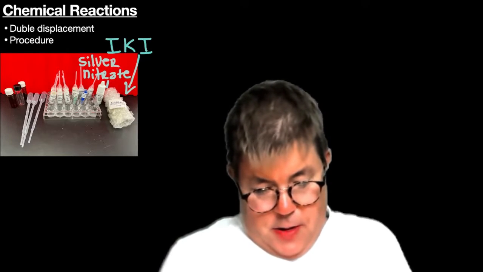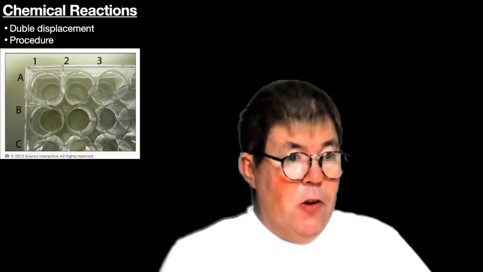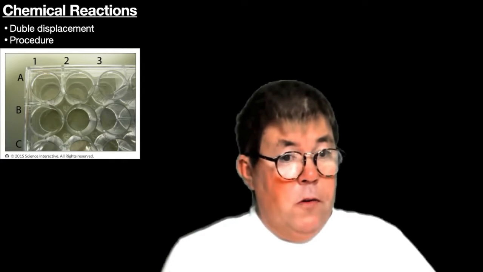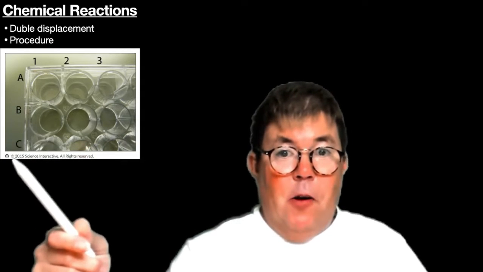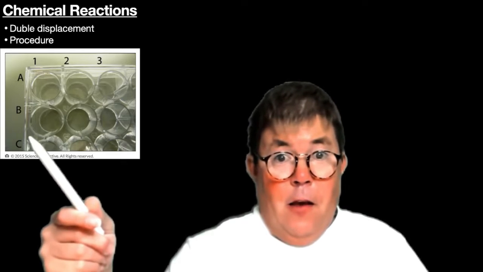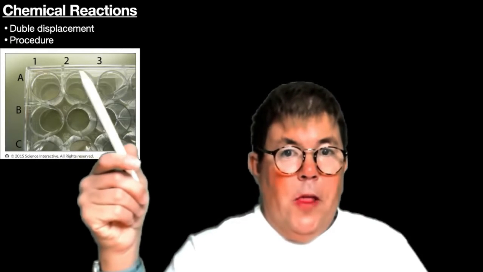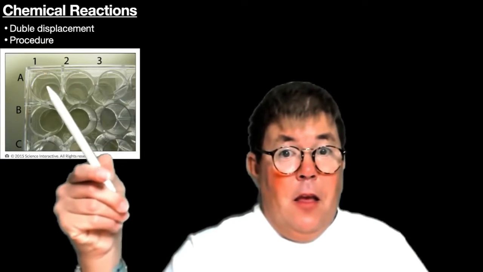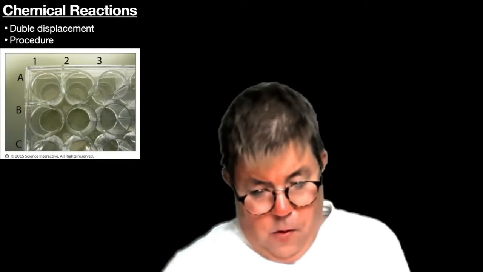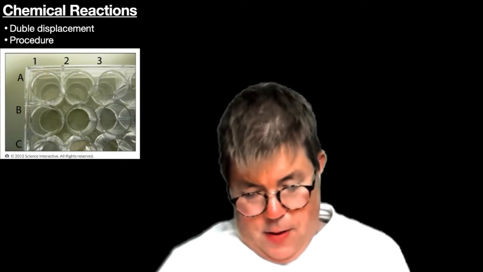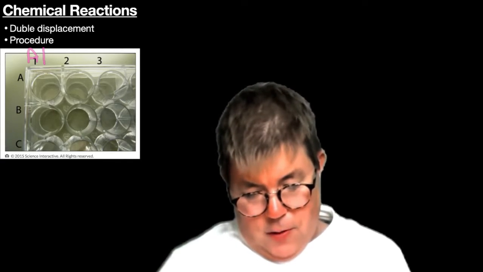Next, when carrying out the reactions in the well plate, the rows of the well plate are labeled with letters A, B, C, going on to D, and so on. The columns are labeled with numbers. This first well would be considered A1.